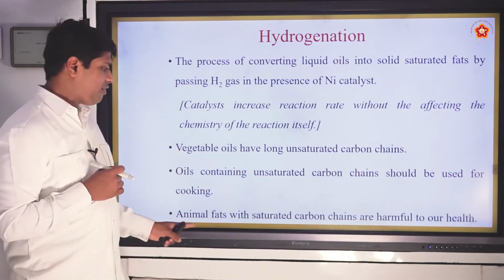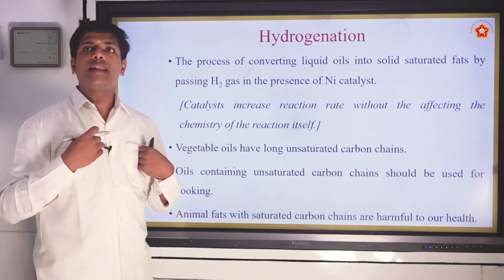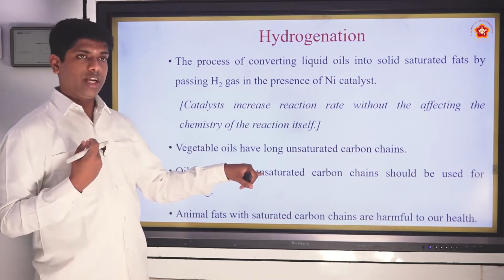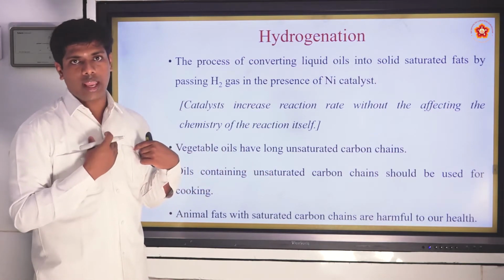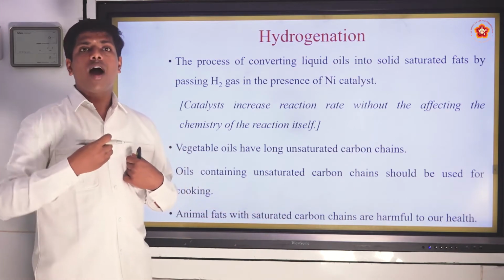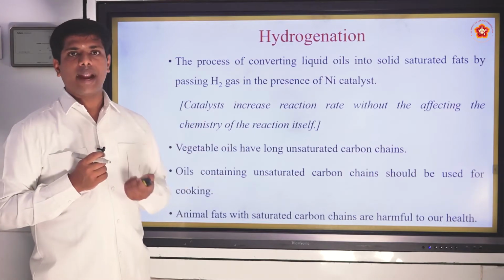Next, animal fats with saturated carbon chains are harmful to our health. Unsaturated oils are used for cooking, whereas saturated carbon chains are very harmful to health. You can write the difference between vegetable oil and animal fat.